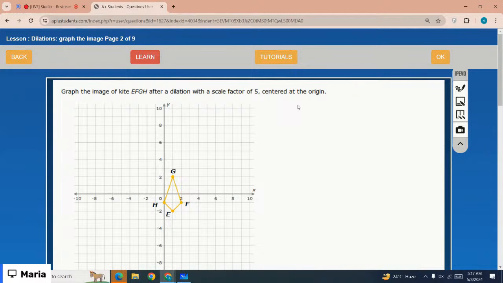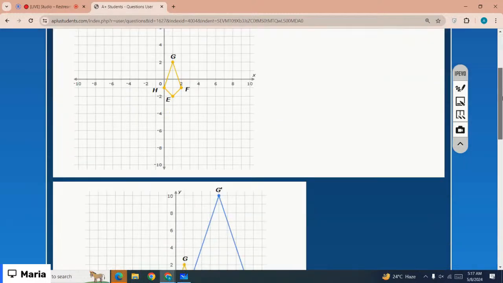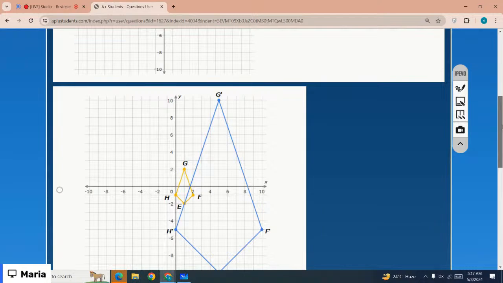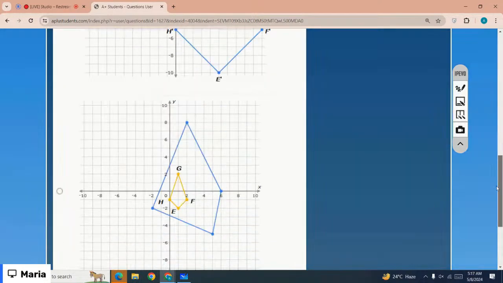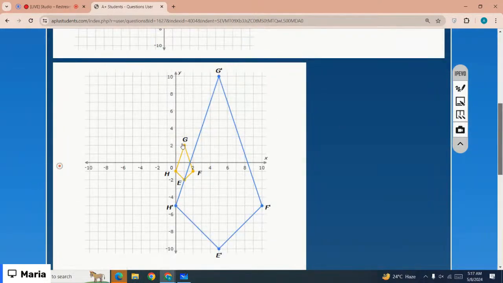You have to dilate all the factors by 5, right? Let's just see which is the correct option. Option number 1 is the correct option. All the coordinates are multiplied by 5. So option number 1 is the correct option. Got it?